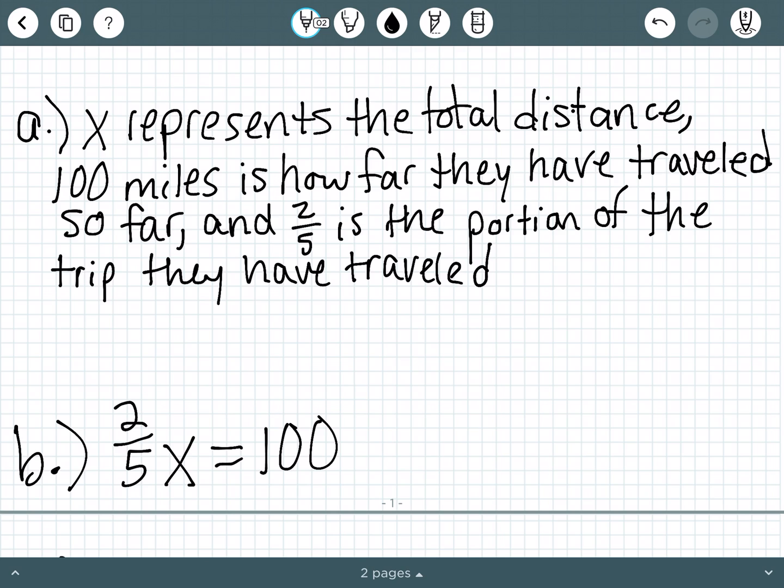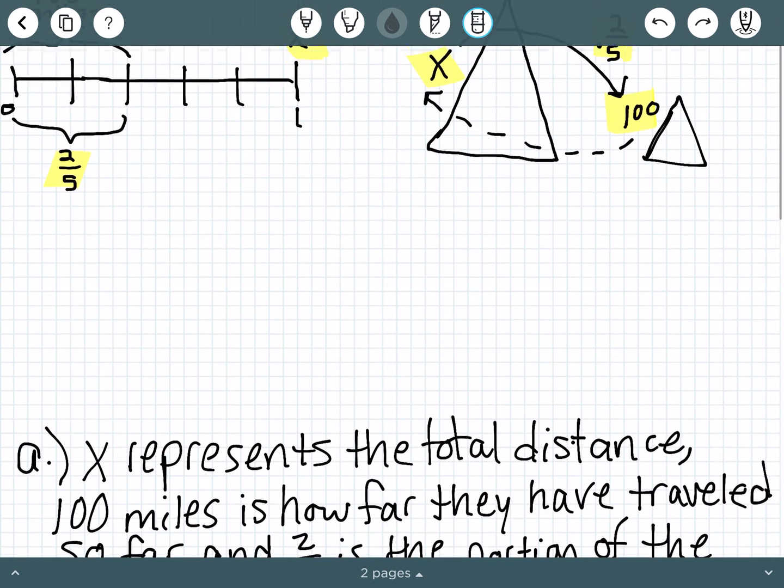And finally, we have part C. Is the answer going to be more or less than 100 miles? Explain your thinking. So let's take a look back at Linda and Lee's work for a minute.